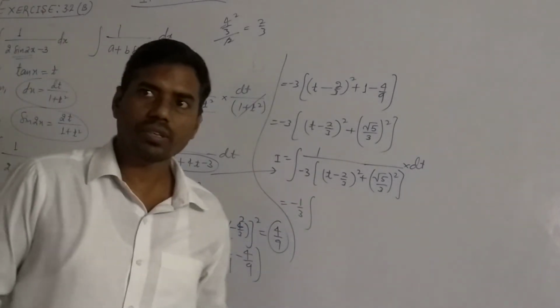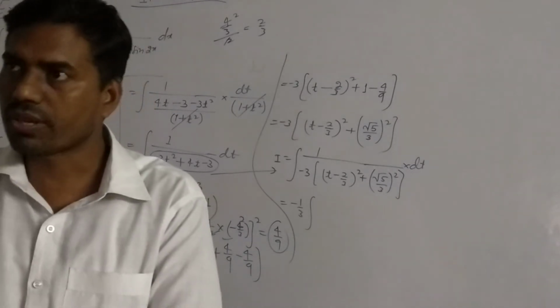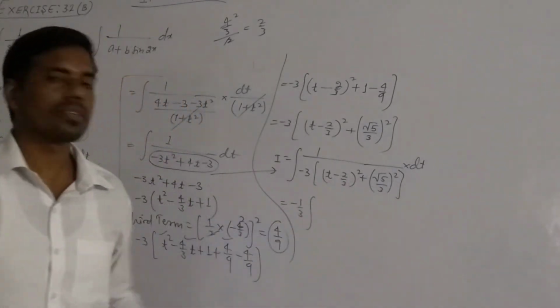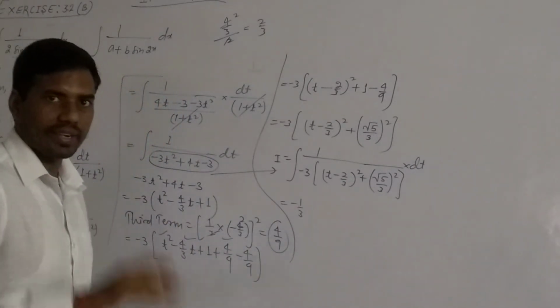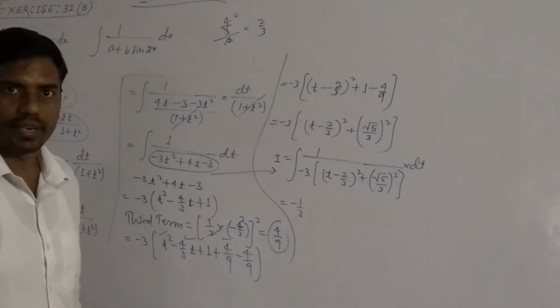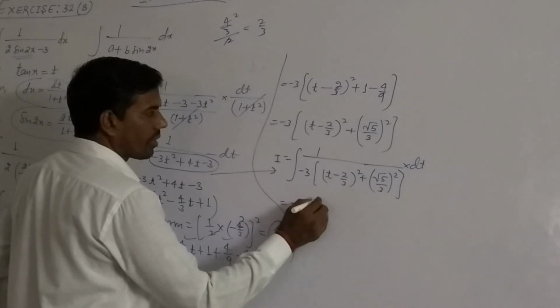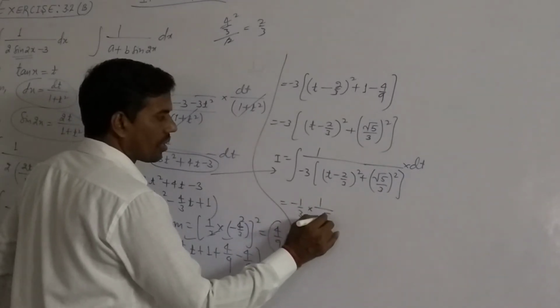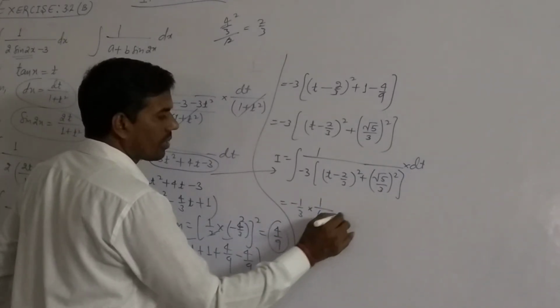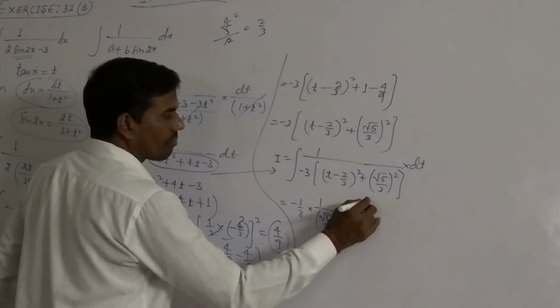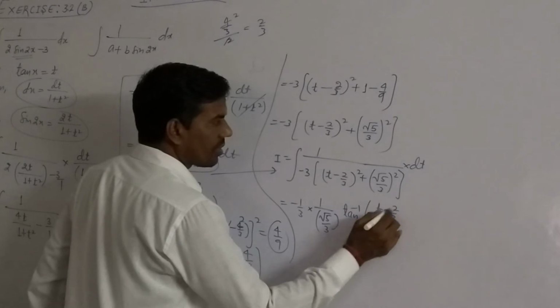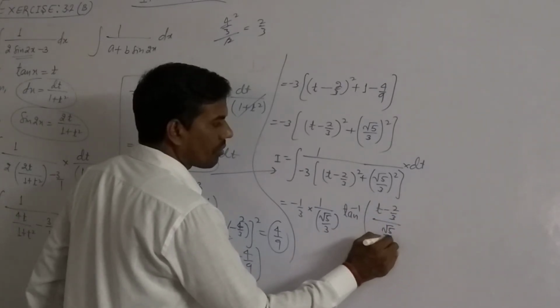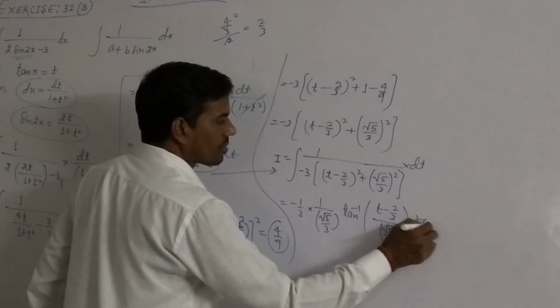This expression is 1 upon x square plus a square. Using our special integral formulas, that is 1 upon a, that is 1 upon root 5/3, into tan inverse of x by a, where x means t minus 2/3 and a means root of 5/3, plus c.